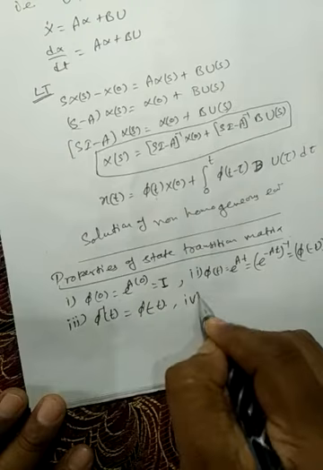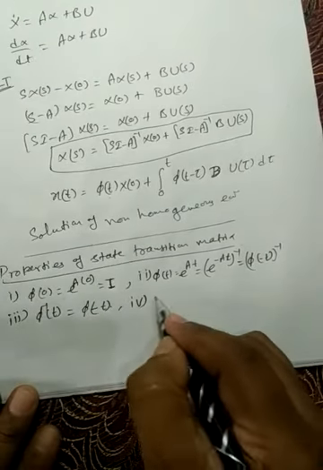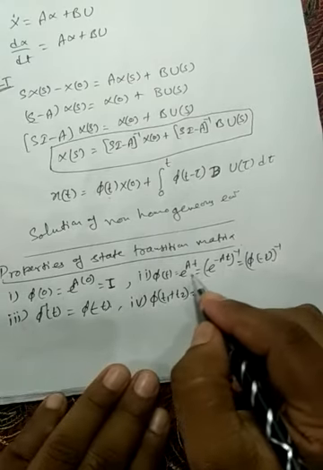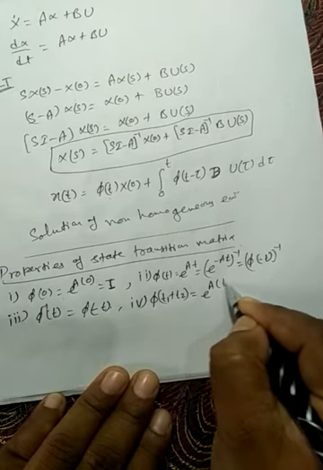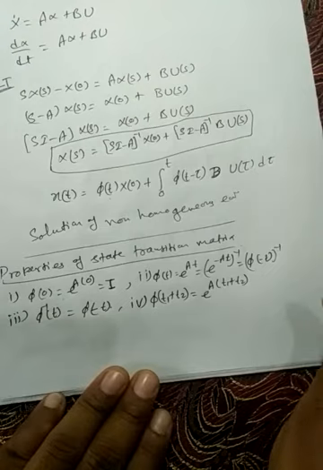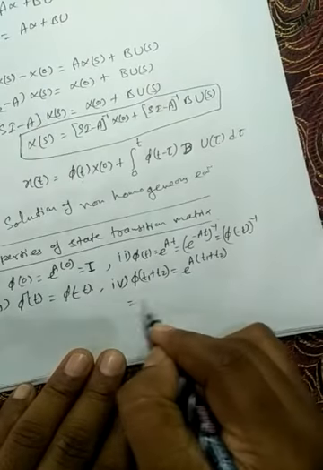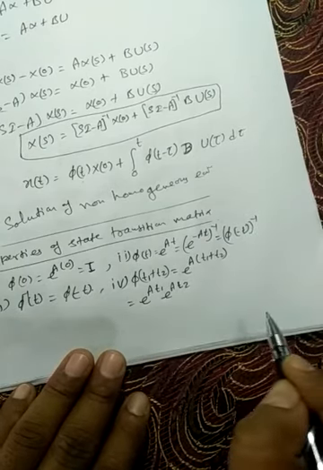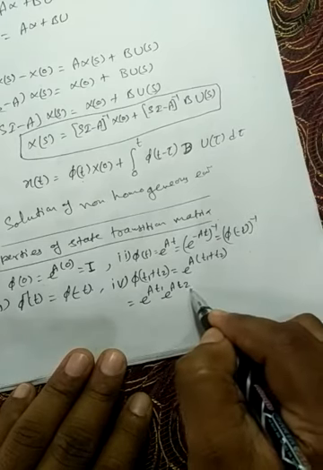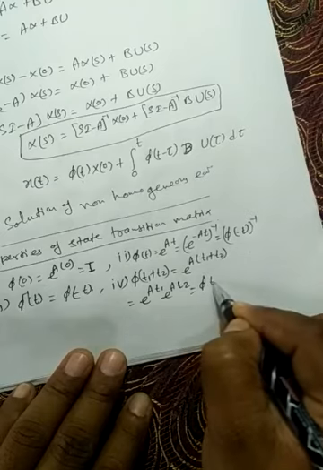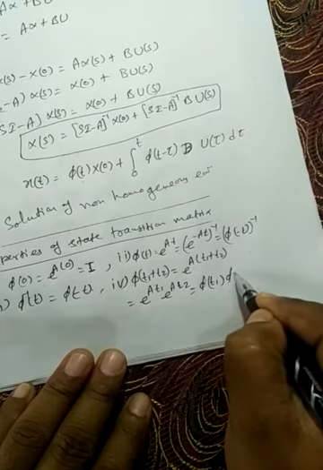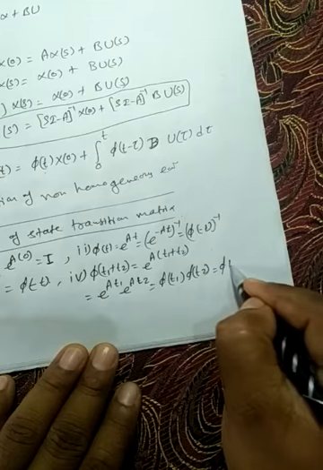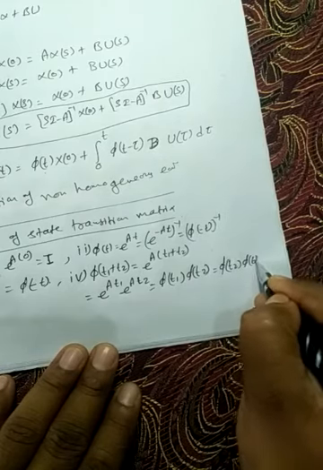Fourth, phi(t1 plus t2) is equal to e raised to A(t1 plus t2), which is equal to e raised to At1 times e raised to At2, or phi(t1) phi(t2), or phi(t2) phi(t1).